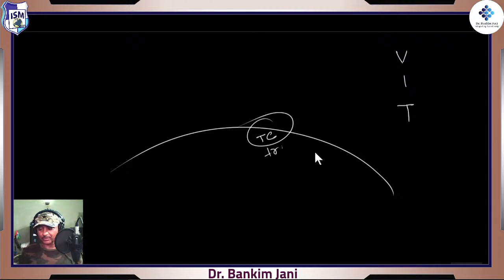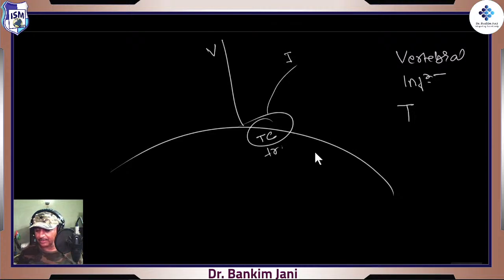So the first one was the vertebral artery, so let's draw it like this. This is V, vertebral. Then I was the inferior thyroid, so let it go for that thyroid. So this is inferior thyroid, and this is TC, the thyrocervical trunk.